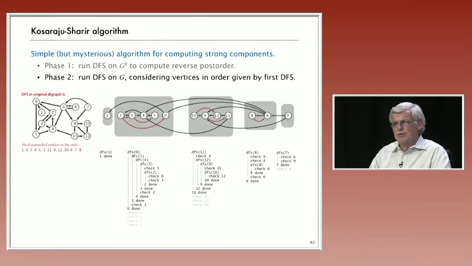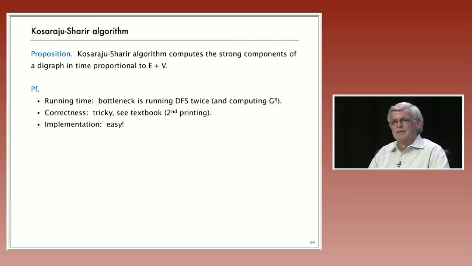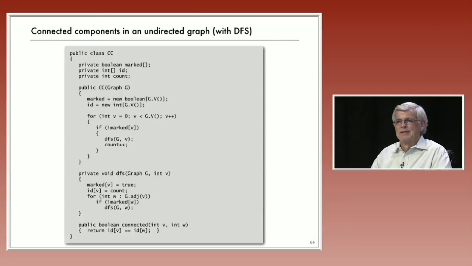The proof requires some mathematical sophistication, and you'll find it in the book. But the programming of it is quite simple, and to prove that it's efficient, all it does is run DFS twice. But to really see the correctness proof, you want to look at the second printing of the textbook. We got it wrong in the first printing.